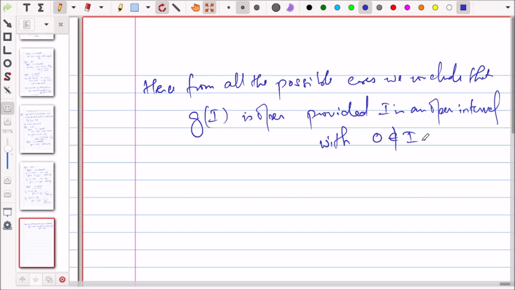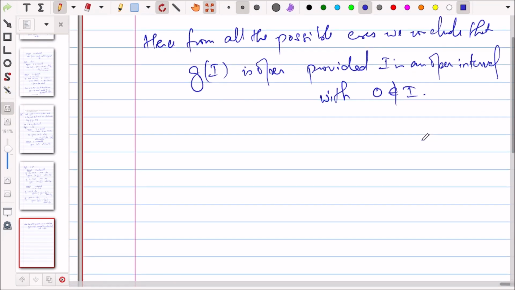So g maps an open interval to an open interval provided that open interval does not contain the point 0. So we are done with g.